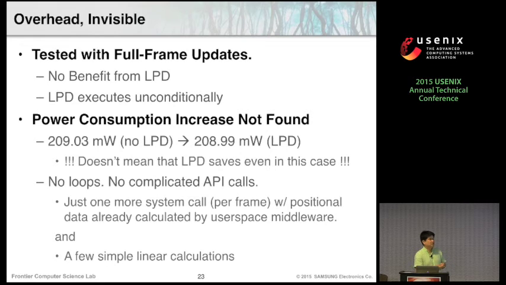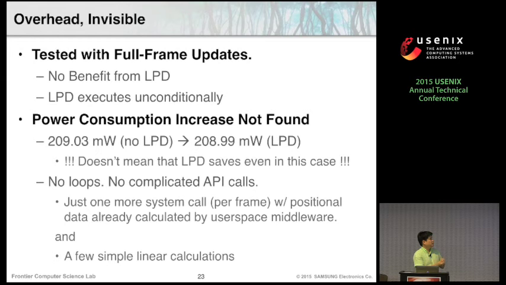And another aspect is the overhead. If the overhead consumes all the benefits, then it's useless. However, we tested with full frame updates, which give no benefit to LPD because it is required to update the whole frame. And LPD executes unconditionally, so even if there's no benefit, it is executed.